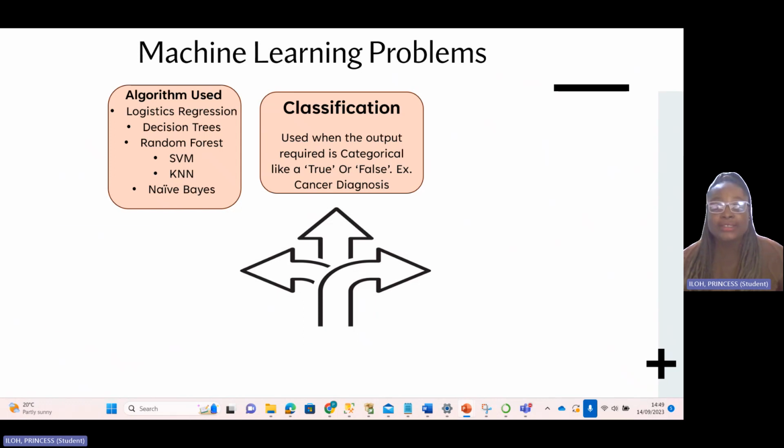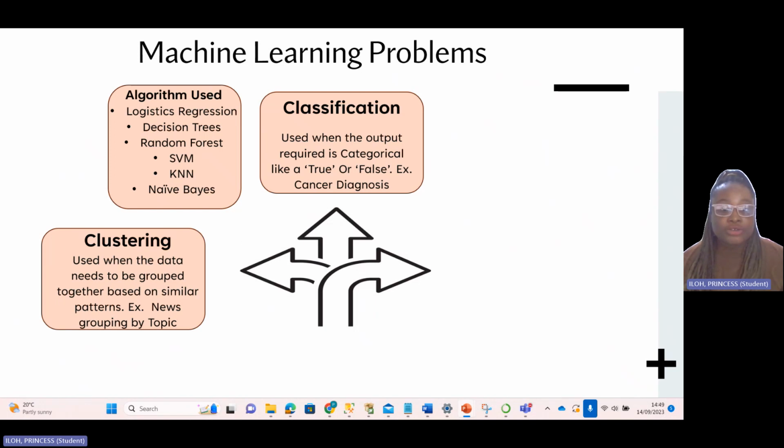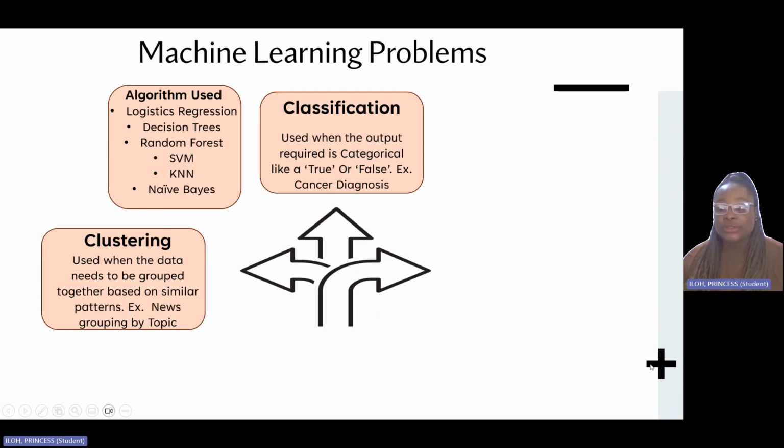Now, our next slide is clustering. Our next machine learning problem is clustering. This is used when the data needs to be grouped together based on their pattern. For instance, in our example about the mouse and the keyboard, they are grouped together based on the patterns the system is noticing. The example I gave here is news grouping based on the topic.